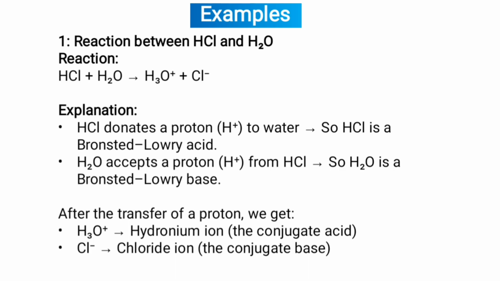So H2O is a Bronsted-Lowry base. After the transfer of a proton, we get H3O+, which is the hydronium ion, the conjugate acid, and Cl-, the chloride ion, the conjugate base.